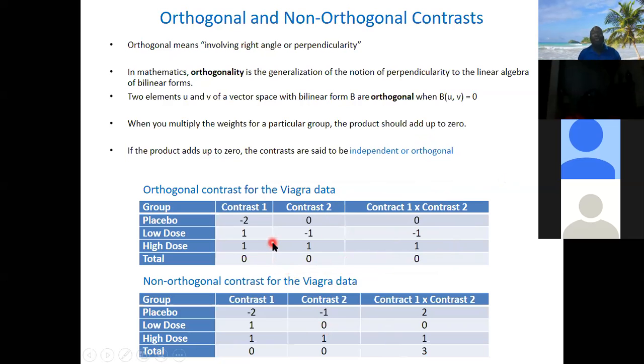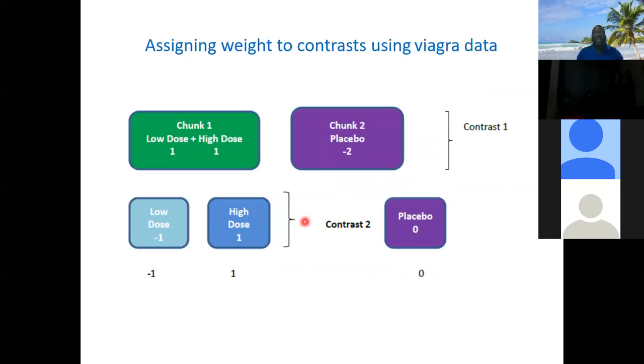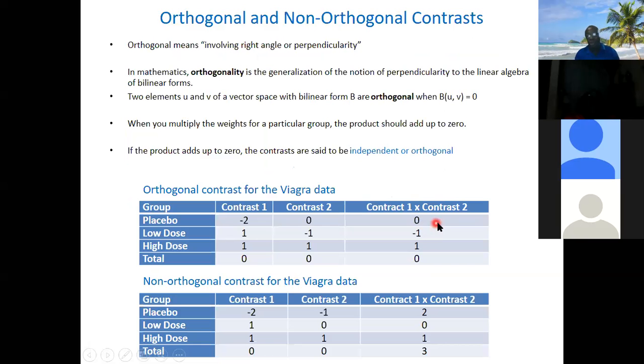The contrast we use for this diagram is orthogonal. Look at it. For placebo, the first contrast is -2 and the second contrast is 0. When you multiply them, it gives you 0.